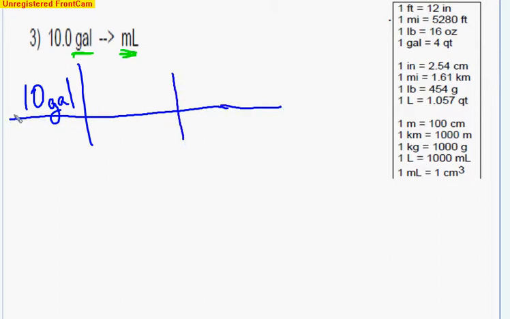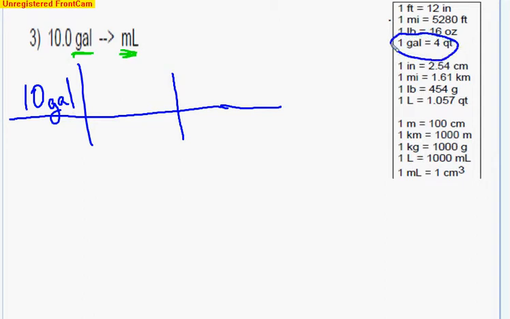We want to figure out the easiest way to get from gallons into milliliters. If we look through here, we would find out that there's really no one-step fix. But what I can do is see gallons right here go into quarts.